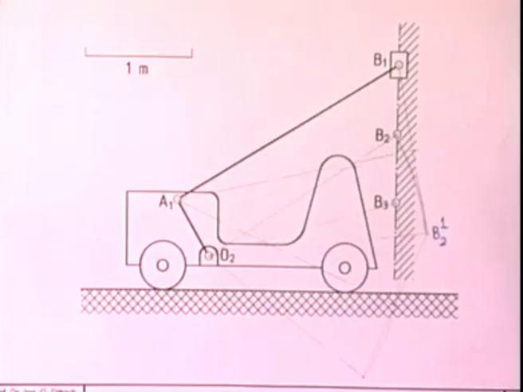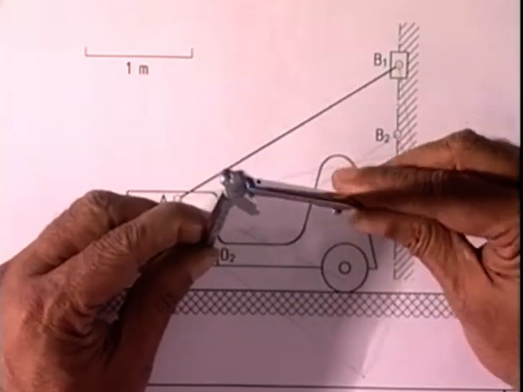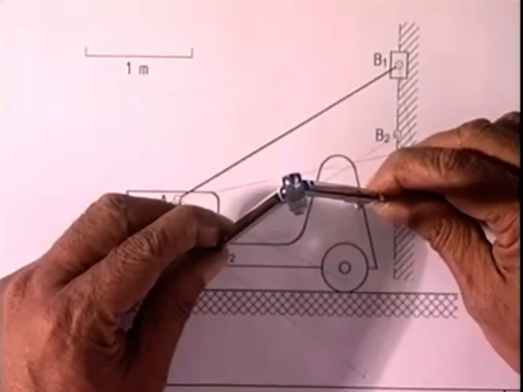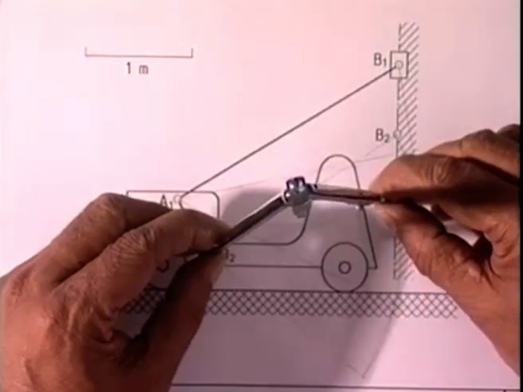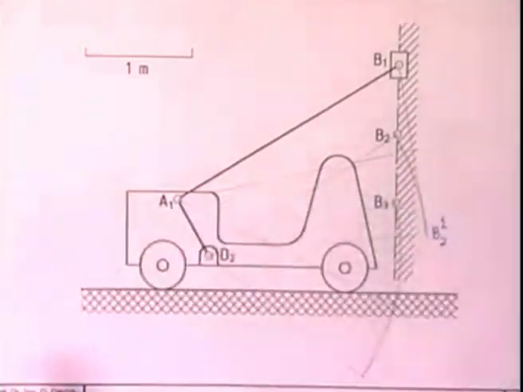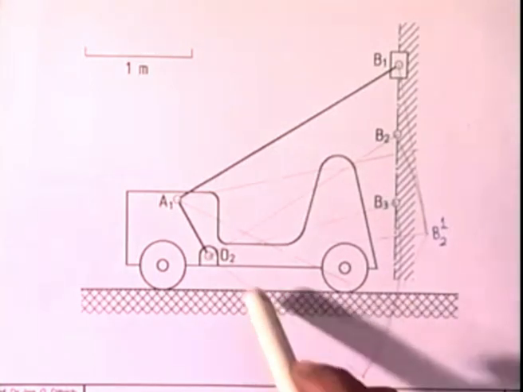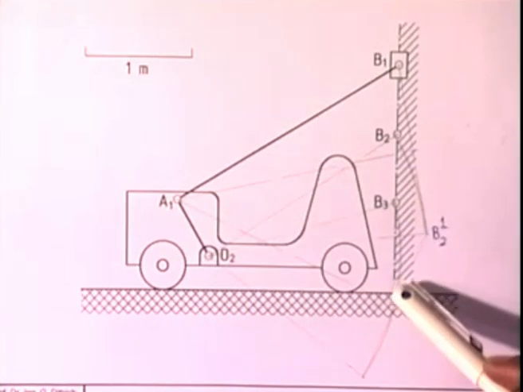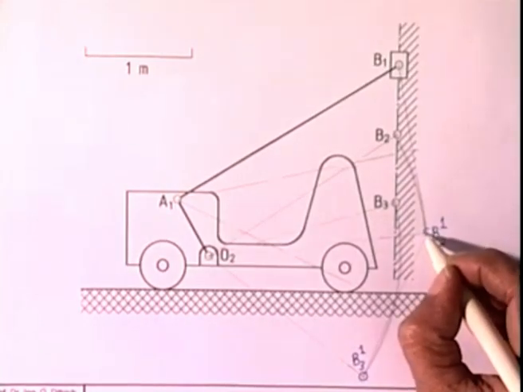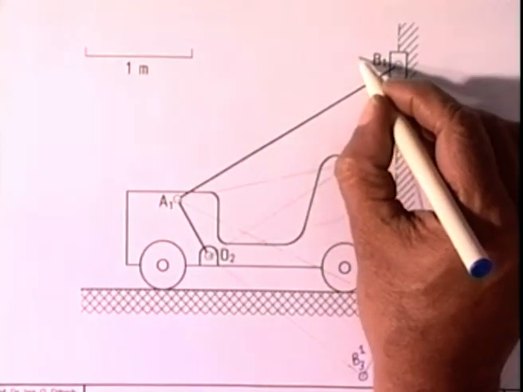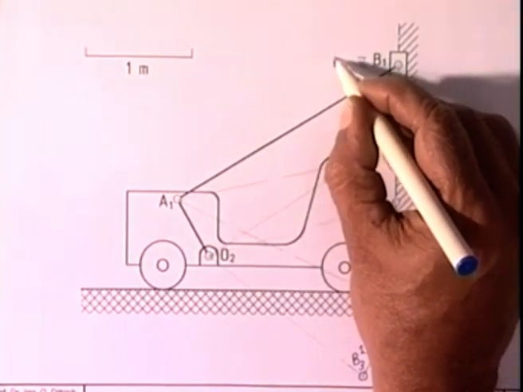Because we are holding the first position fixed, the inverted position of B3 I can get by rotating O2B3 by 52 degree. This line O2B3 is rotated through 52 degree, and we get the inverted position of B3, which we call B31. This is B31, this is B21, and this is B1, which is the same as B11.